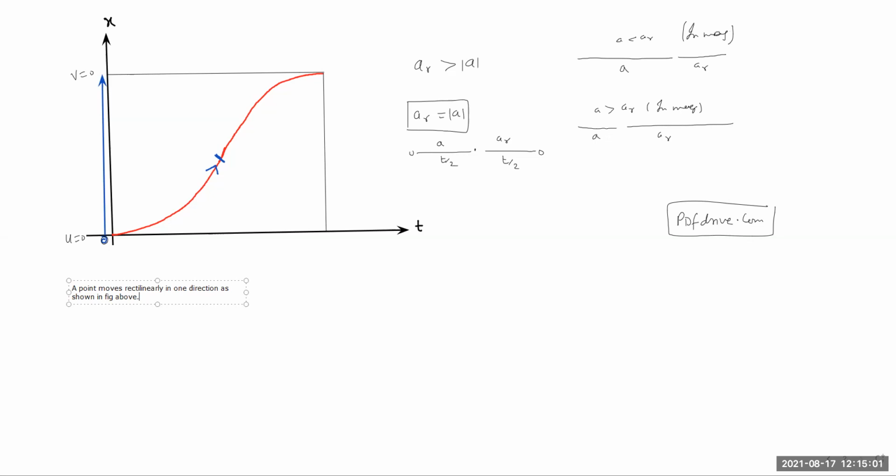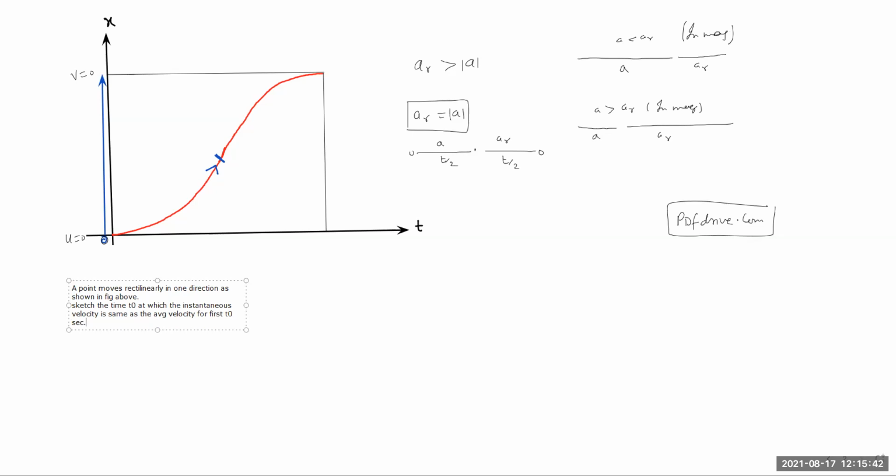So the question is: sketch the time t naught at which the instantaneous velocity is the same as the average velocity for the first t naught seconds.